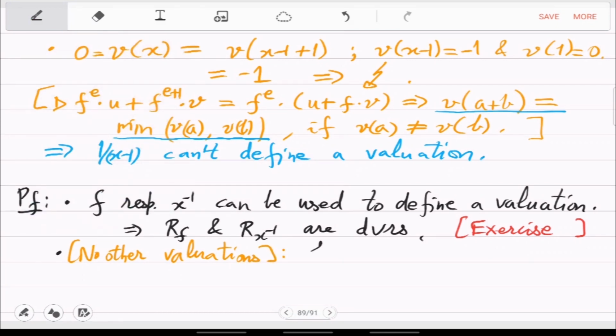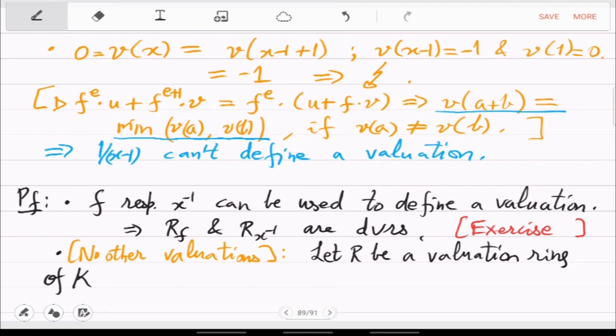Let R be some other valuation ring of K, contained in K, with maximal ideal M and valuation v.